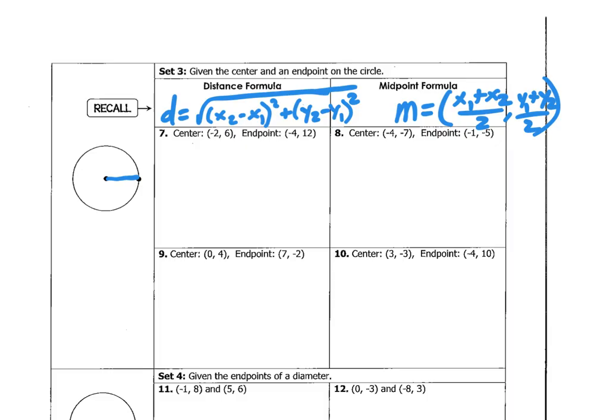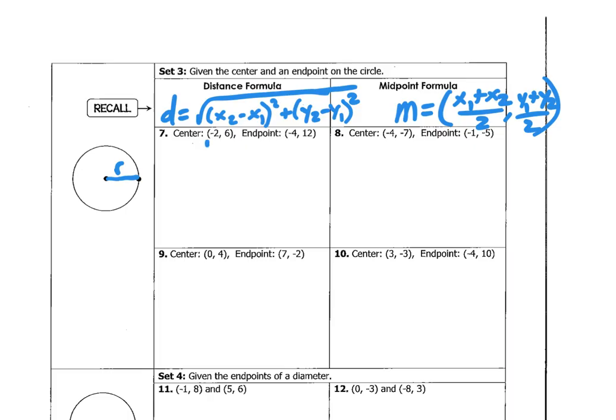That length right there is my radius. So if I can find the distance between these 2 points, that would be my radius. They're not coming right out and giving me my radius, unfortunately, so in order to find it, we have to do the distance formula. We take the 2 ordered pairs that they give me.